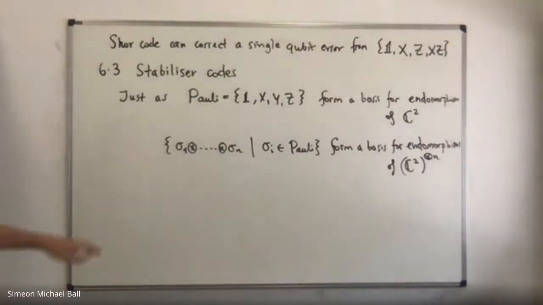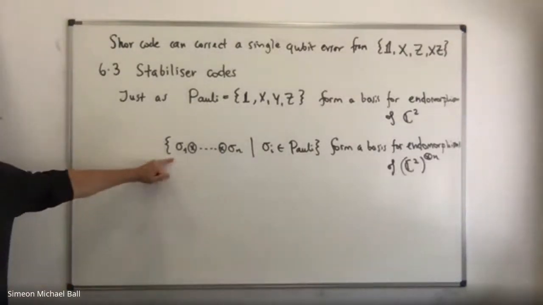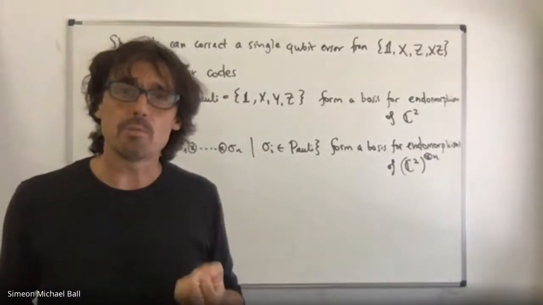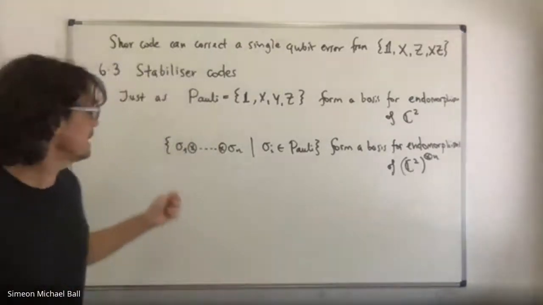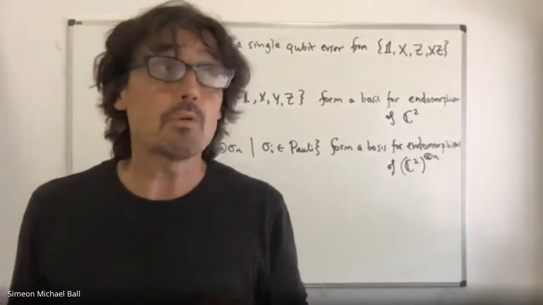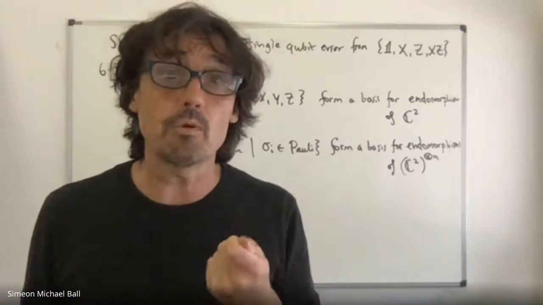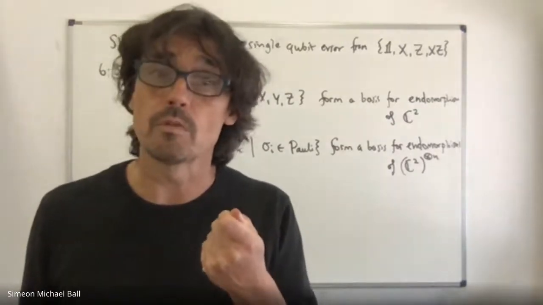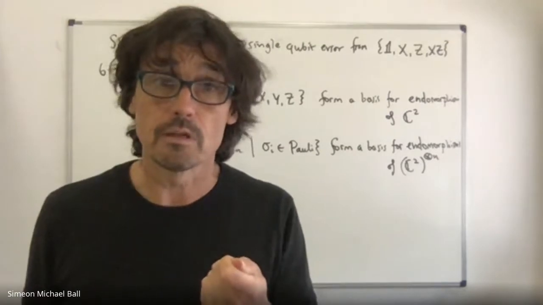Now this is our vector space, but what's going to be important for us is to consider these Pauli operators. So I should call any tensor of Pauli matrices a Pauli operator. What's going to be important for us is that these Pauli operators also almost form a multiplicative group.